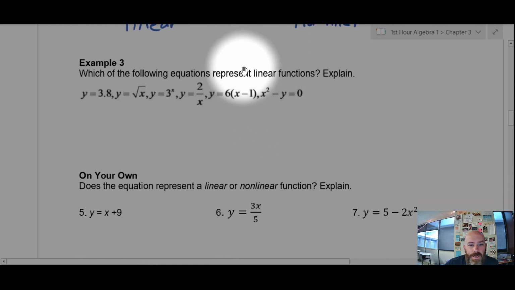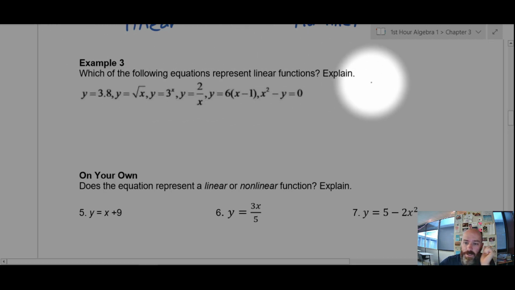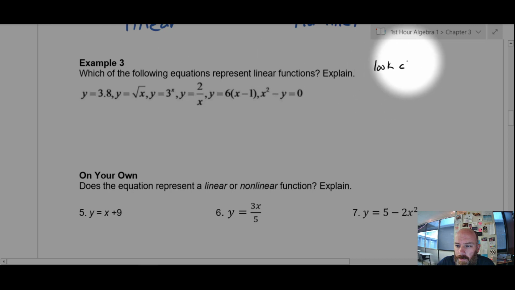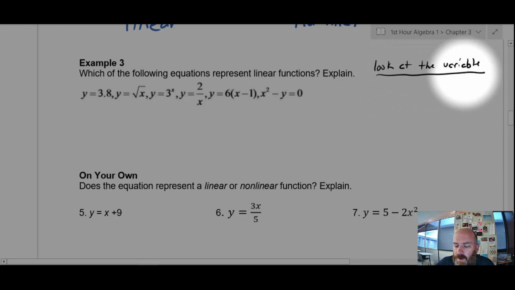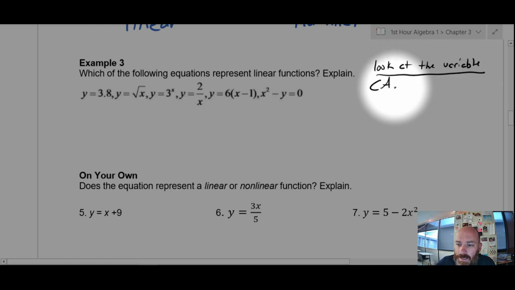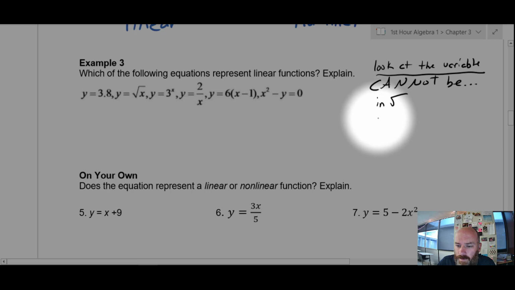We want to identify which of the following equations is a function. So here's some rules for functions. It's about looking at the variable. The variable cannot be in square roots. The variable cannot be an exponent.